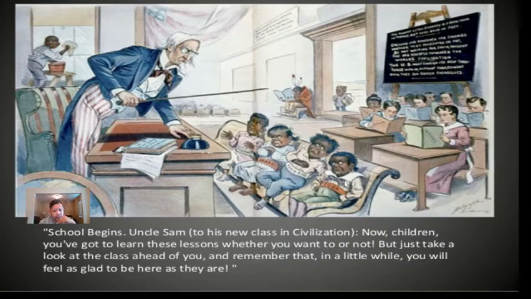So you notice Uncle Sam is teaching them how to be civilized, or the United States teaching them how to be civilized. And these people here already learned it, or are starting to learn it, because they have English books that they are reading. And these people here just got into the class, they're new students. And you have more students coming in here.